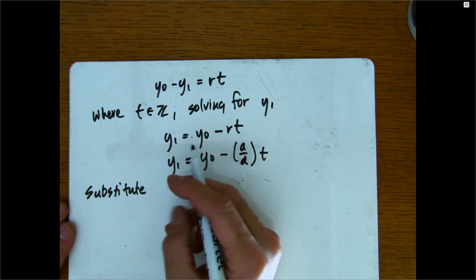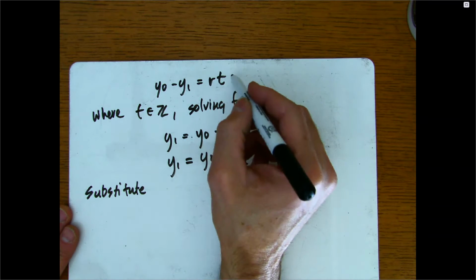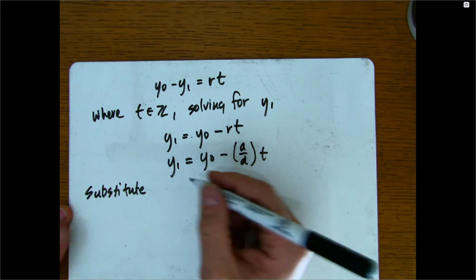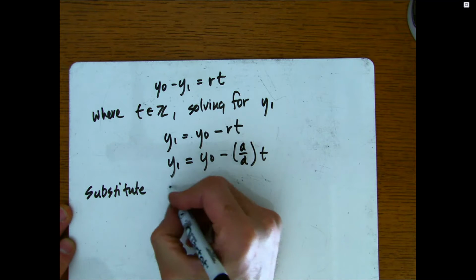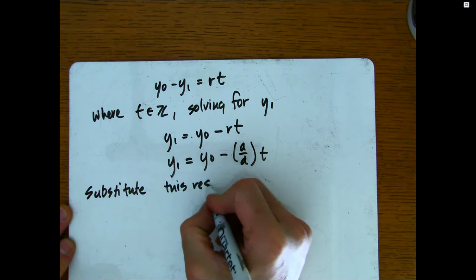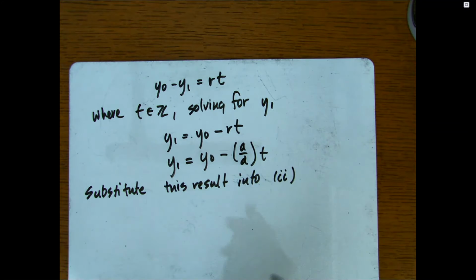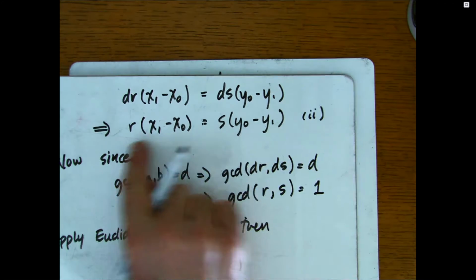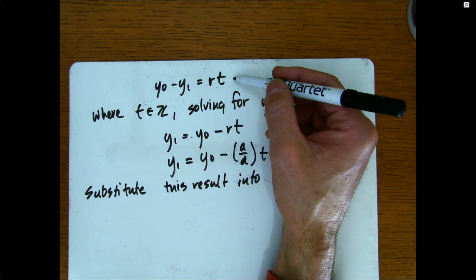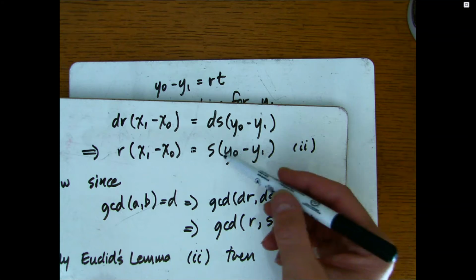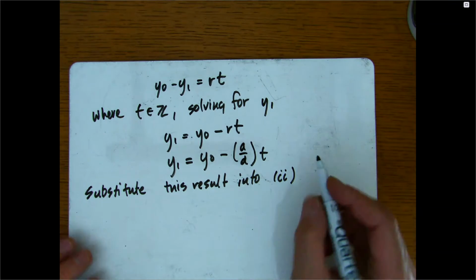Okay, now I'll substitute this result, the y0 minus y1, into equation 2 back here. Equation 2, just to remind you, is this one. If I substitute, then I can put rt in for y0 minus y1.